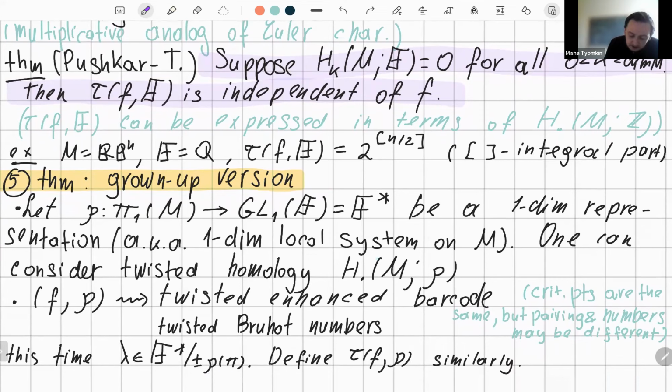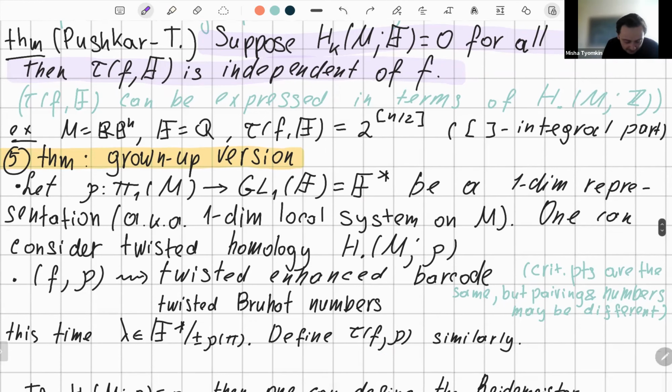So rho of pi1 is some subgroup of F star, and there's this greater ambiguity in defining the Bruhat numbers. So now the product of all of them is defined in a similar way. I just take the alternating product of the Bruhat numbers.